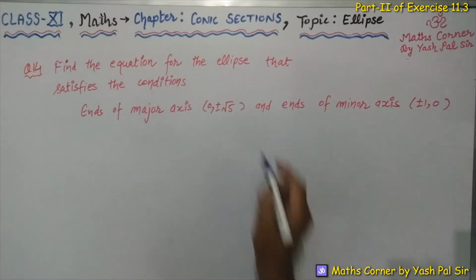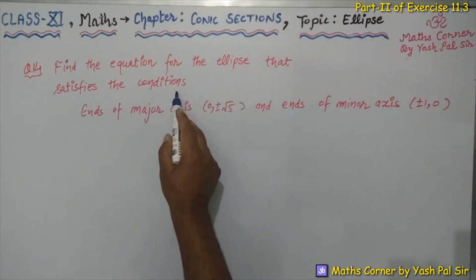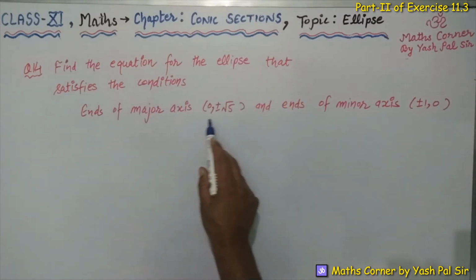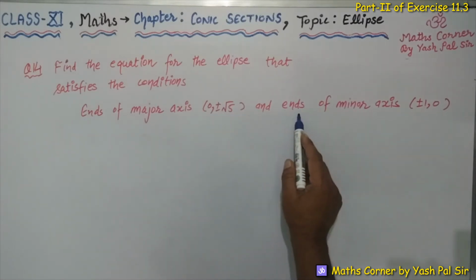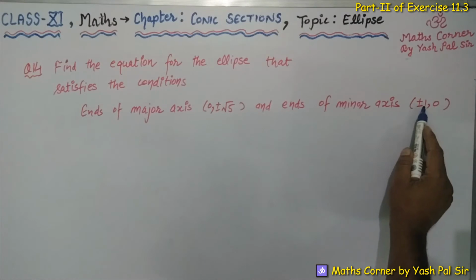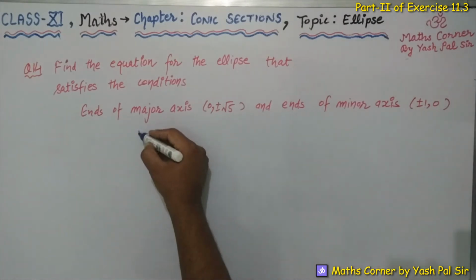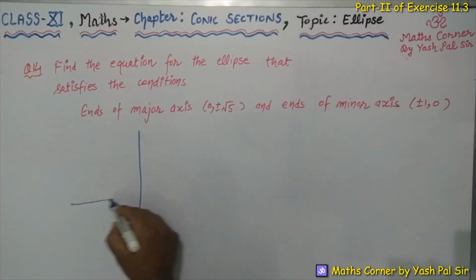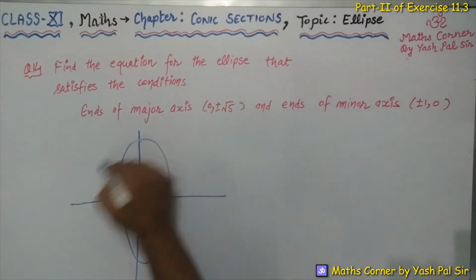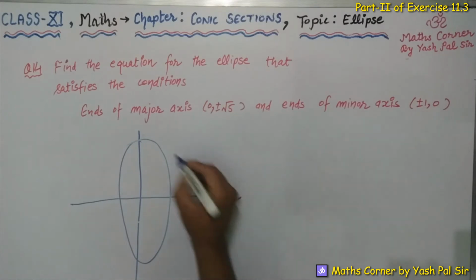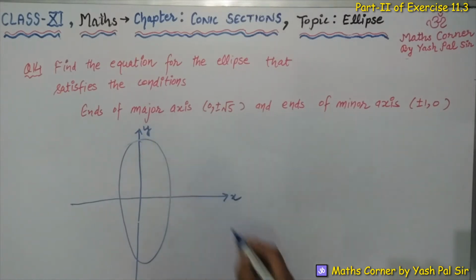Find the equation for the ellipse that satisfies the conditions ends of major axis 0 comma plus minus square root 5 and ends of minor axis plus minus 1 comma 0. So this is very much clear that the ellipse is of this shape, x-axis and y-axis.